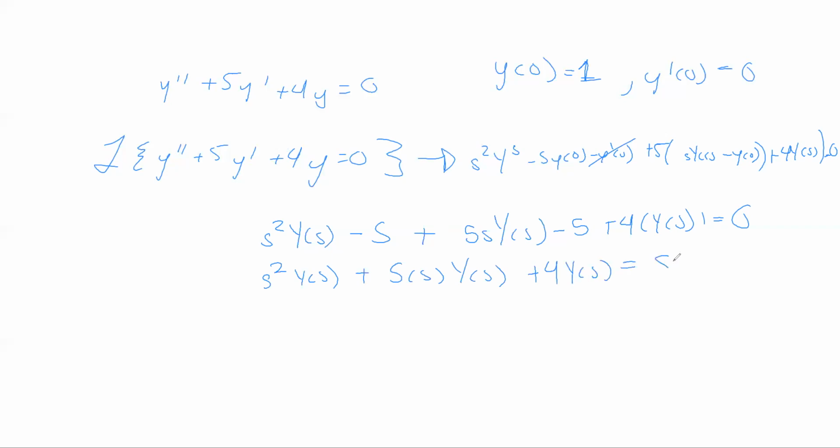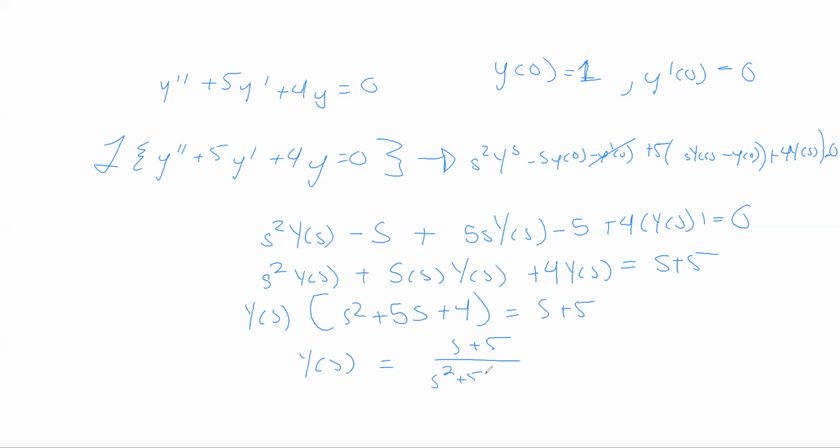So on the other side, I just have s plus 5. Then I'm going to factor out my y of s term, and then I have s squared plus 5s plus 4 equal to s plus 5. And then y of s is equal to s plus 5 over s squared plus 5s plus 4.